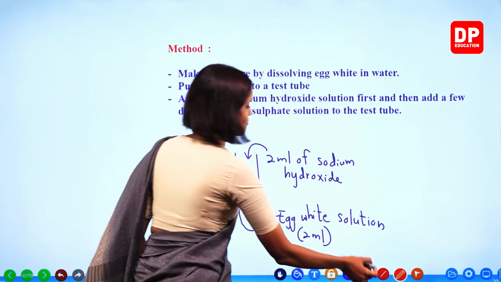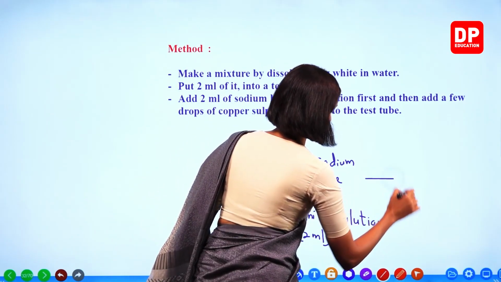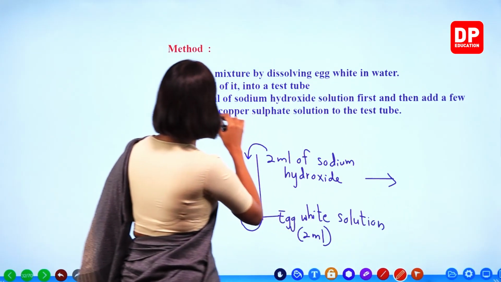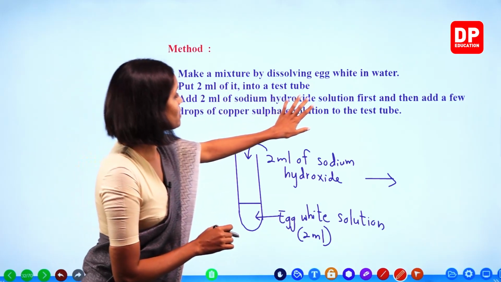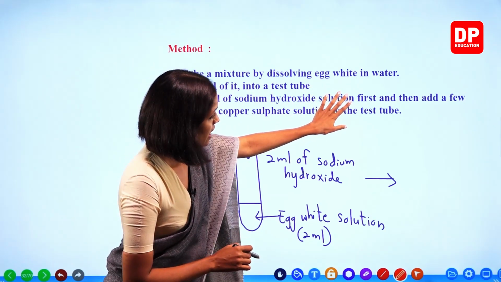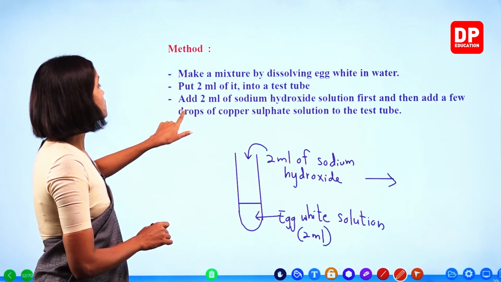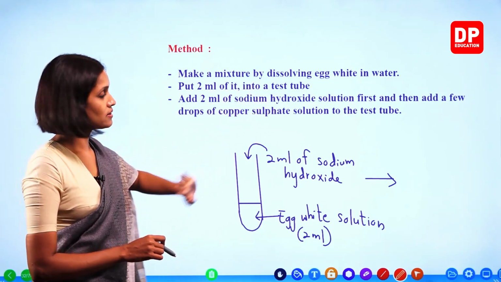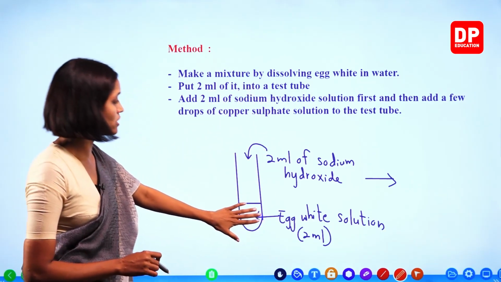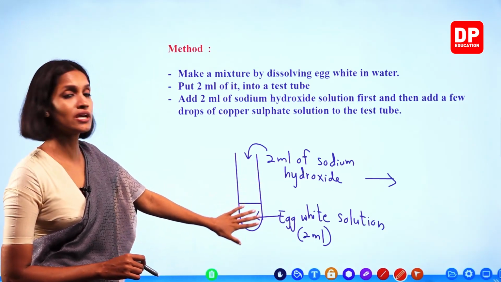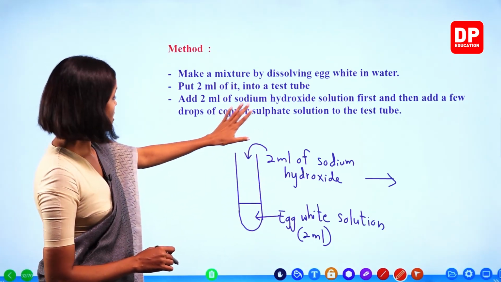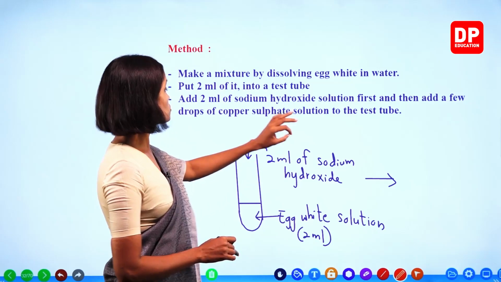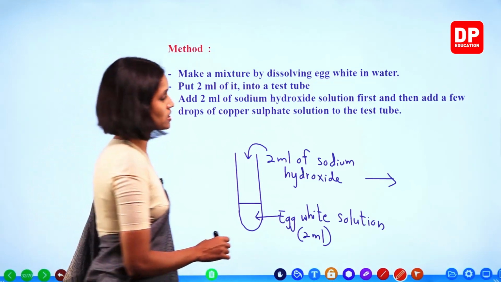And then what you have to do is add 2 milliliters of sodium hydroxide solution first, and then add a few drops of copper sulfate. Right? A similar amount of sodium hydroxide as of the solution. And then to that mixture you have to add a few drops of copper sulfate solution.